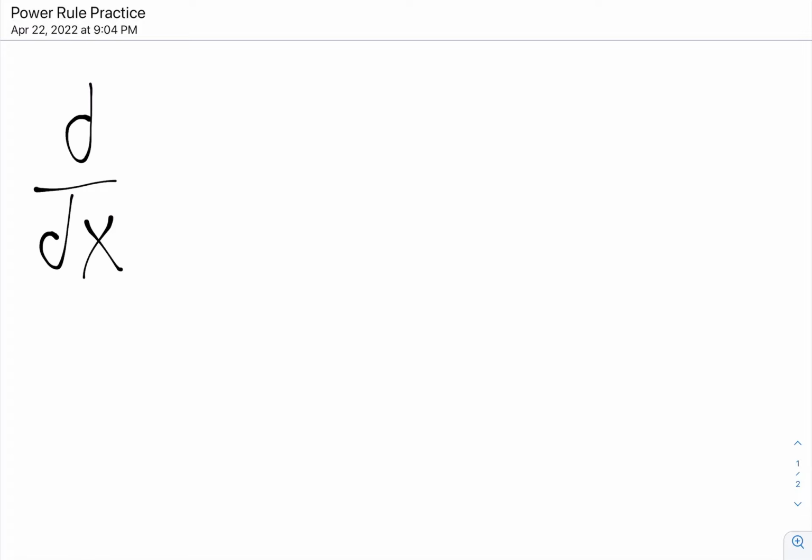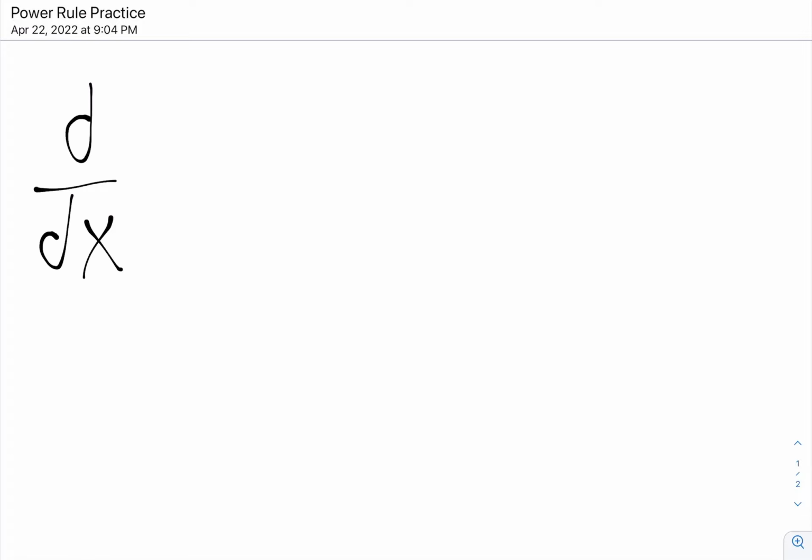So remember, we're bringing the n down to the front, multiplying into that coefficient of a, times the x that we had before to the power of n minus 1. So even though it looks like there's a lot of operations going on here, all we're doing is bringing the n down, multiplying it by the a, and we're reducing this exponent's value by 1.